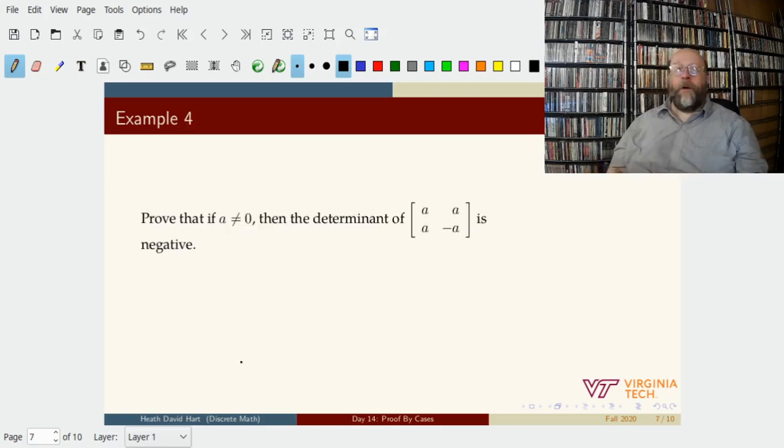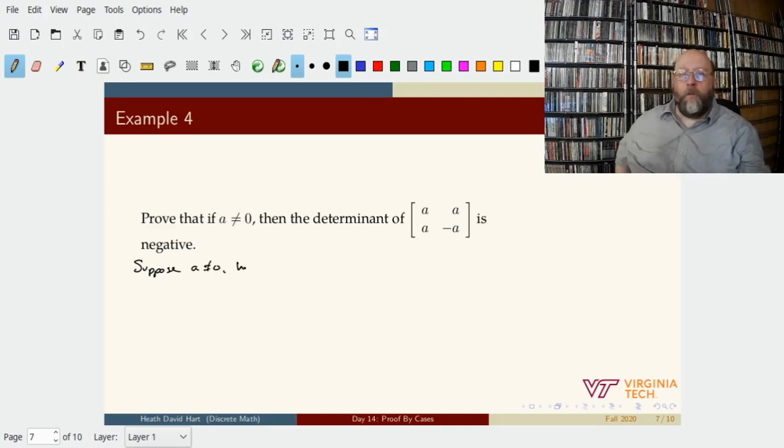All right. Proof: if a is not equal to 0, then this determinant is negative. So let's suppose a doesn't equal 0.